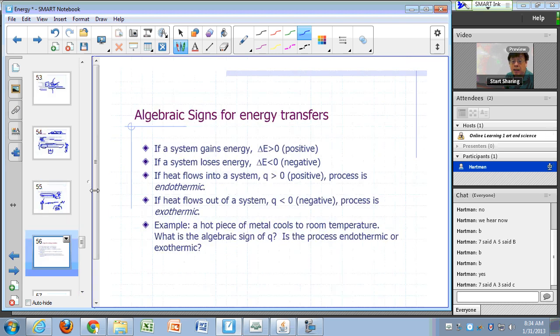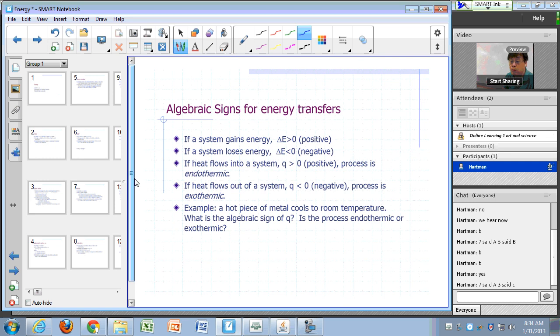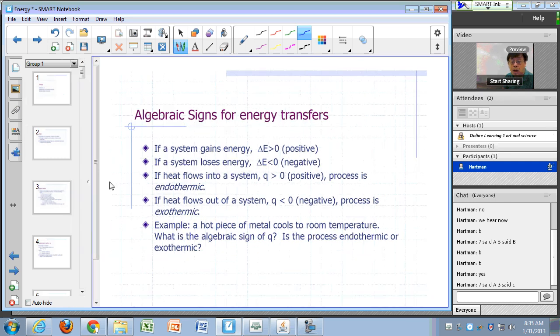All right. Now, when we calculate values for energy transfers, when the system gains energy, we say that there's a net flow of energy, a transfer of energy into the system. We assign delta E, the final energy minus the initial energy.